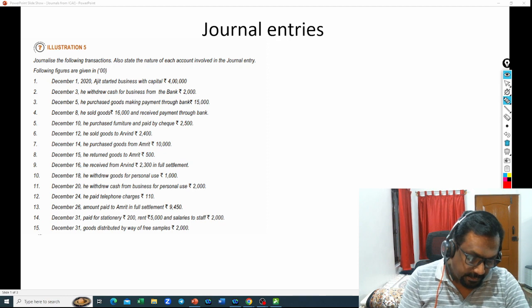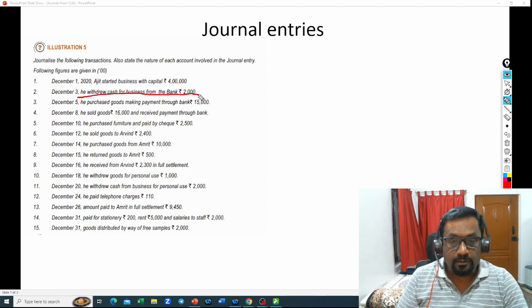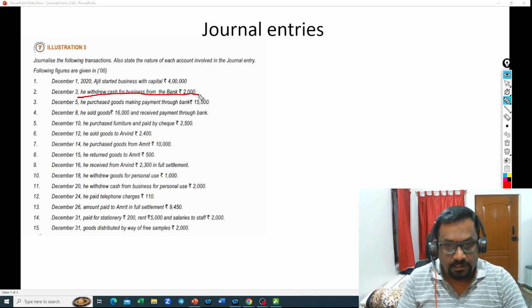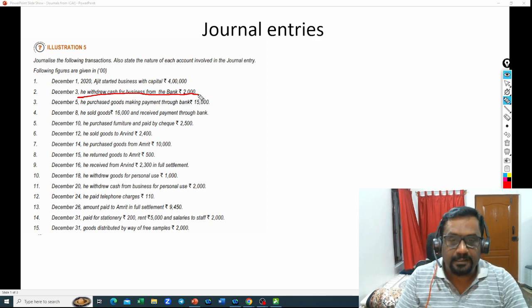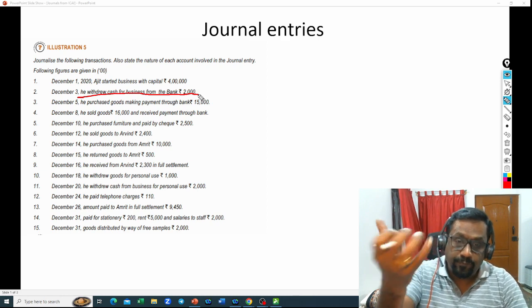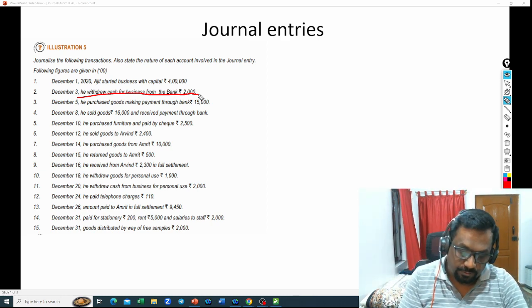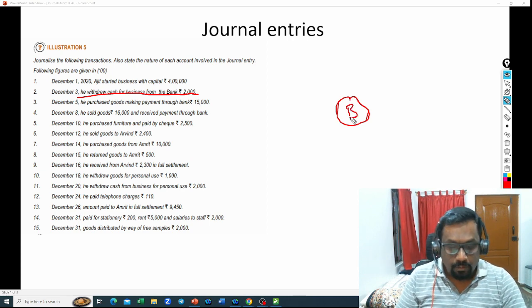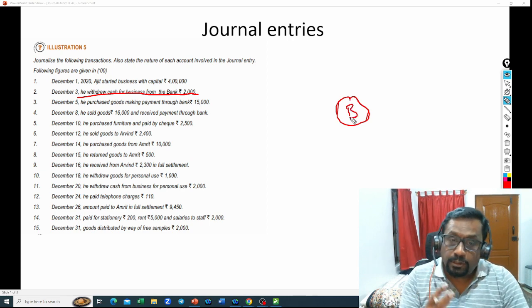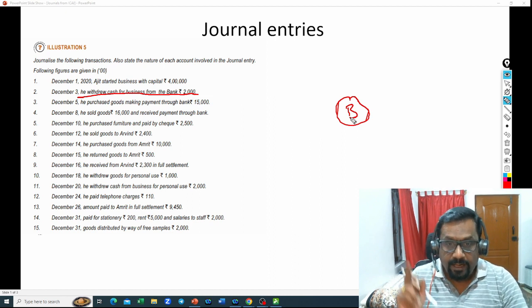Next, he withdrew cash for business from the bank. He, in the sense Ajit, is the proprietor. He withdrew cash from the business bank account for his personal use. So the proprietor took the cash from the bank.